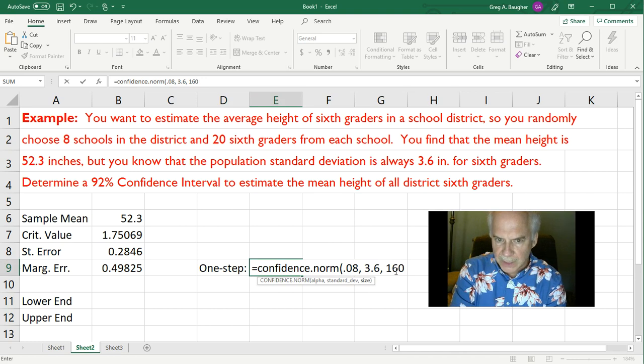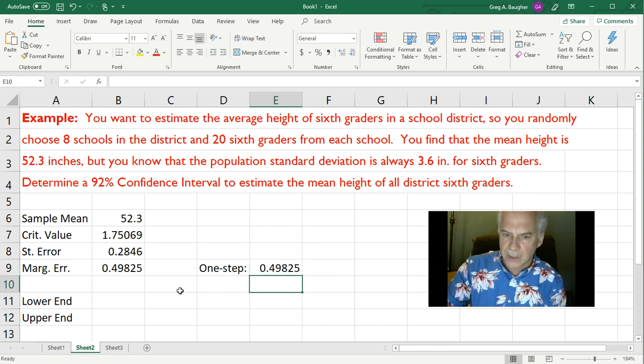Okay, 8 times 20 is 160, and so you have that value, and look, it equals the same as the margin of error that we calculated using the critical value and the standard error.